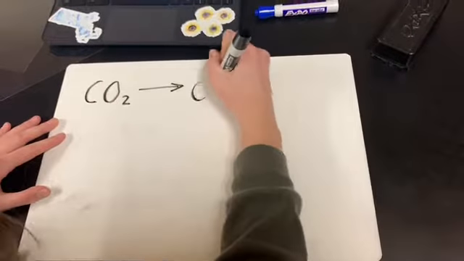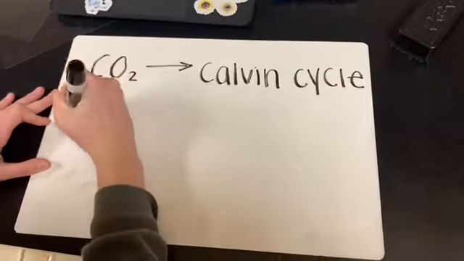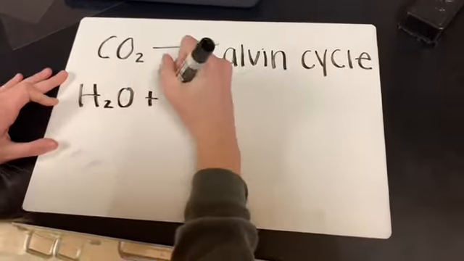CO2 is used in the Calvin cycle, and H2O and light energy is used in the light-dependent reactions, which will take place later in the video.